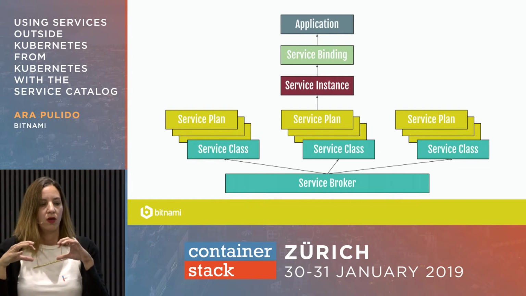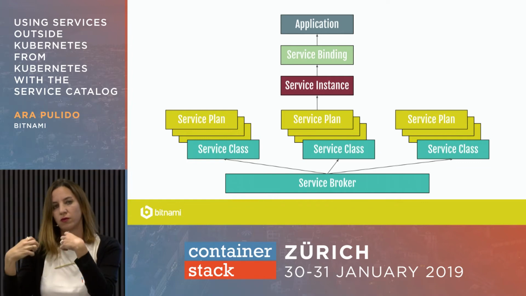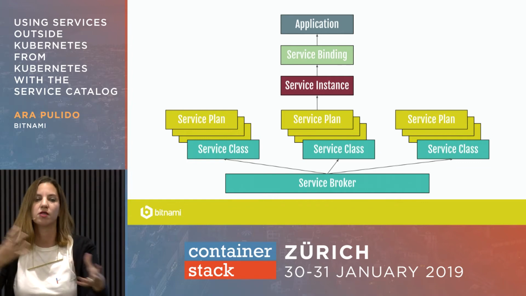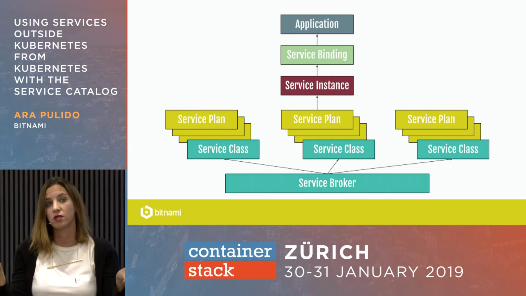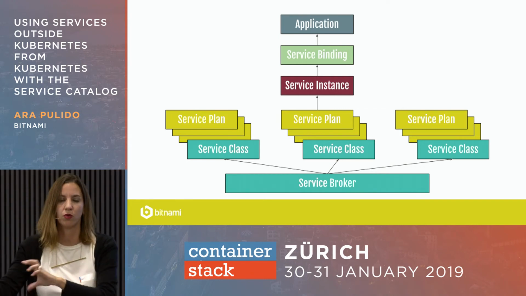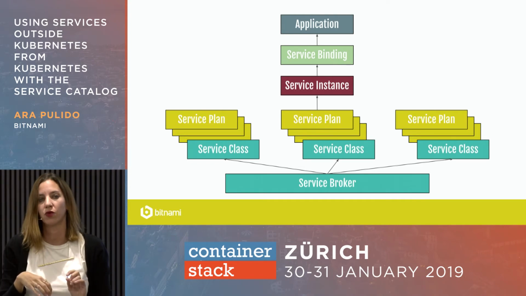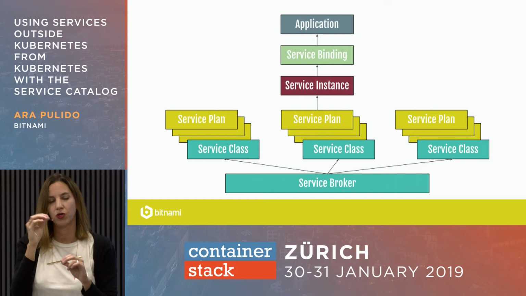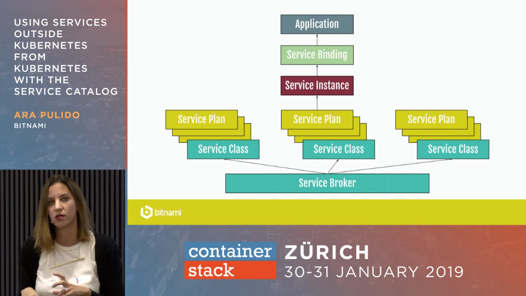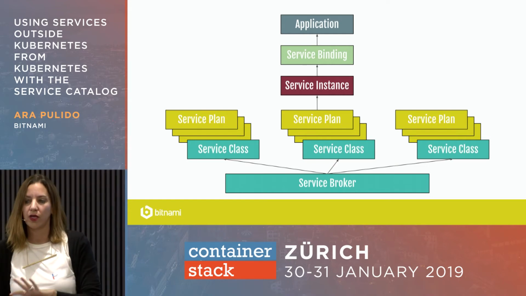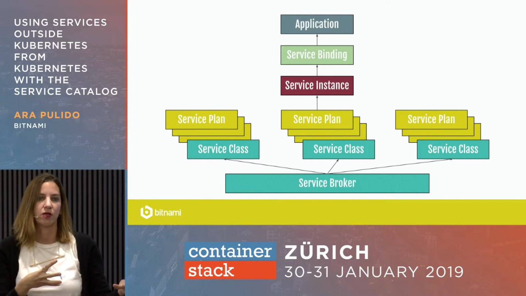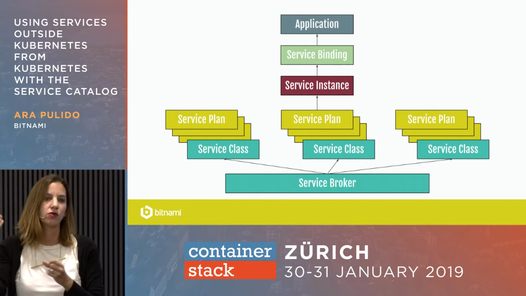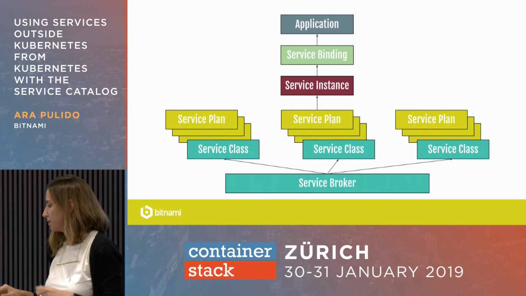When you want the broker to provision an instance for you, you would create a service instance object that would talk to the broker and would do magic for you. And then the service binding is that connection between your application and the instance. In the case of Kubernetes, that takes the form of a secret that you can then use in your application.